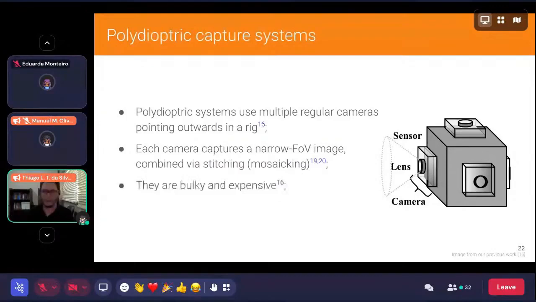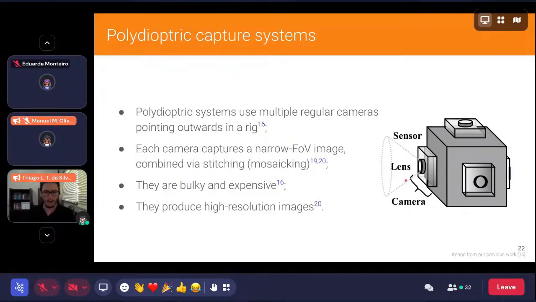This kind of device is also bulky, and expensive because we need lots of cameras. Here we represented this rig as a collection of 6 cameras, maybe, but we can extrapolate this idea and have like 20 or 30 cameras, as many as we want.